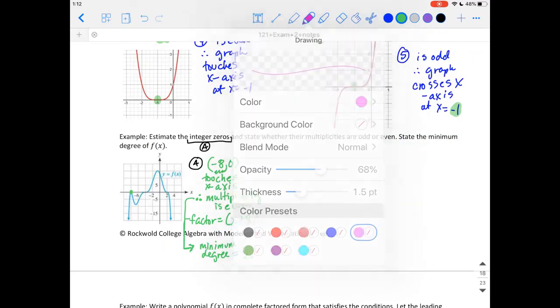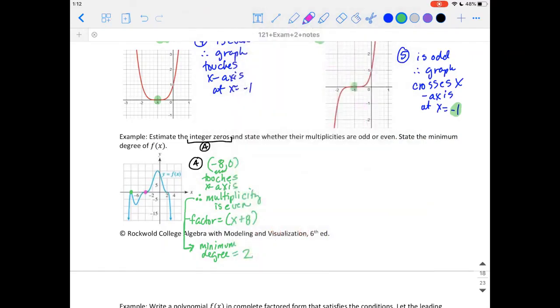All right, so for the next coordinate, taking this really slow, this one right here. This one is going to be -4, 0, and it crosses the x-axis. So therefore, the multiplicity is odd, because it curves.